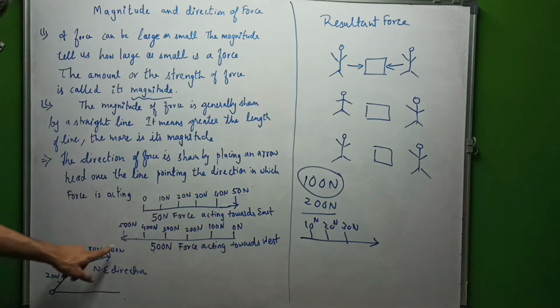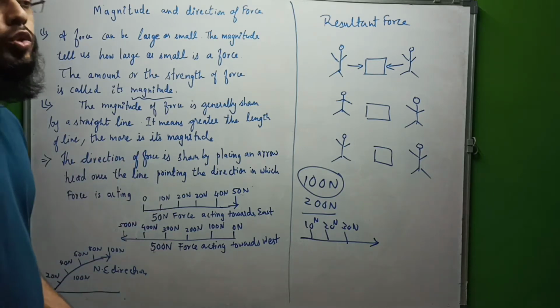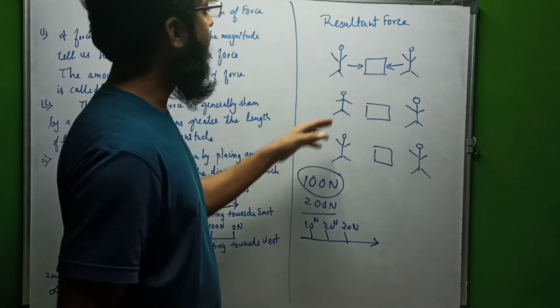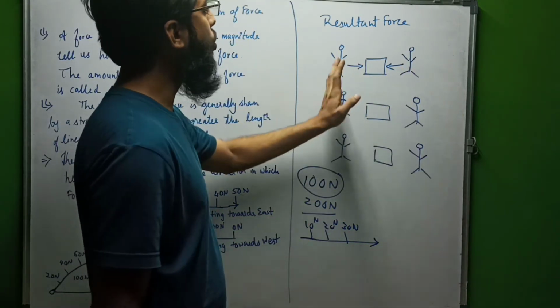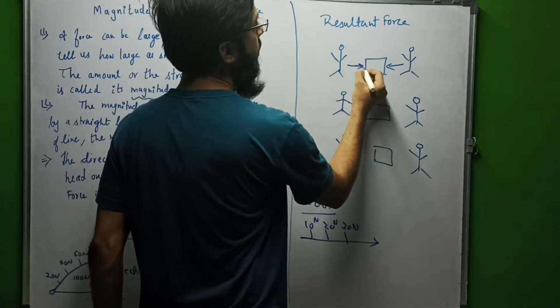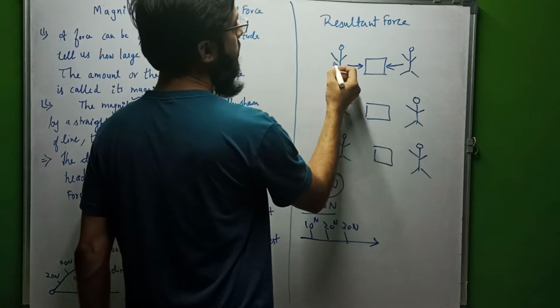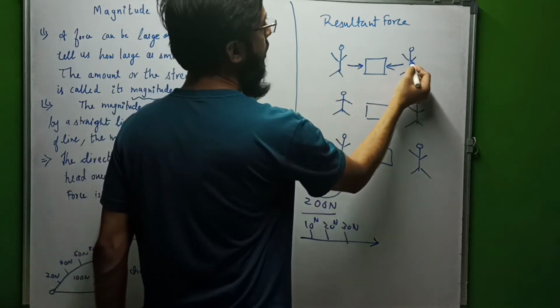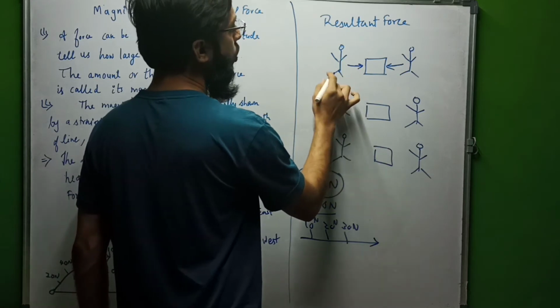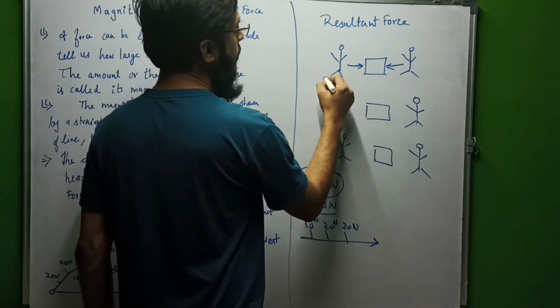If the force is going in this direction, then it is going in the northeast direction. So it is very important to show the direction of force. Let's take an example. If two persons are pushing a box in opposite directions, one person pushing in the east direction and the other pushing in the west direction. Let's talk about the amount of force they are applying.